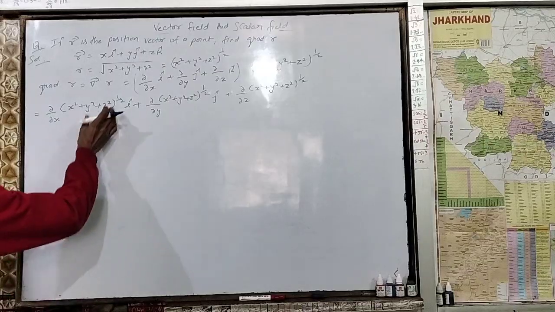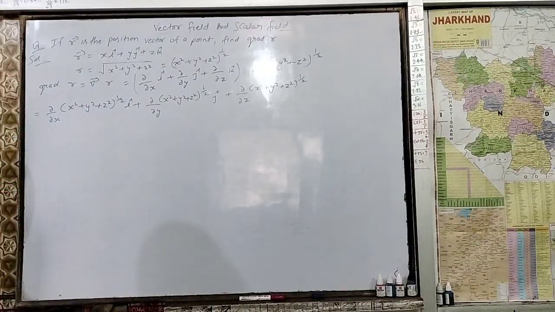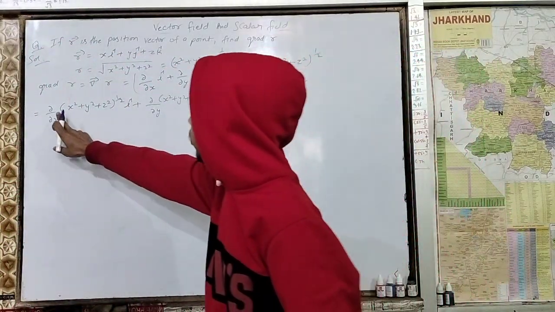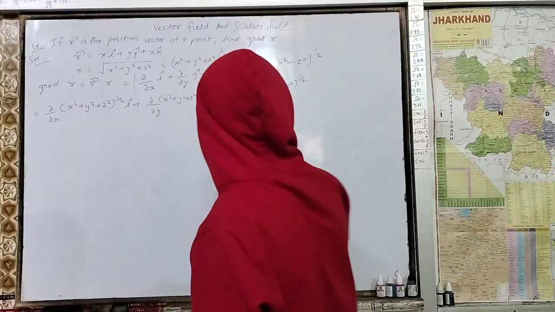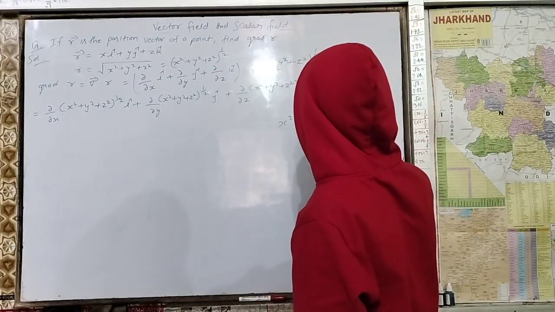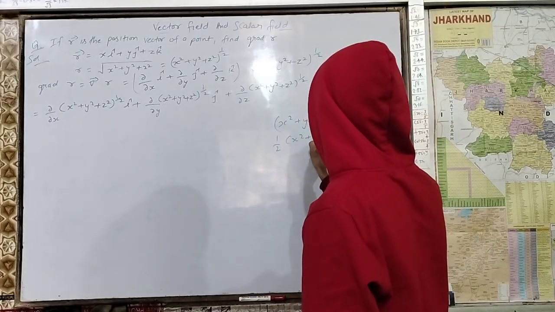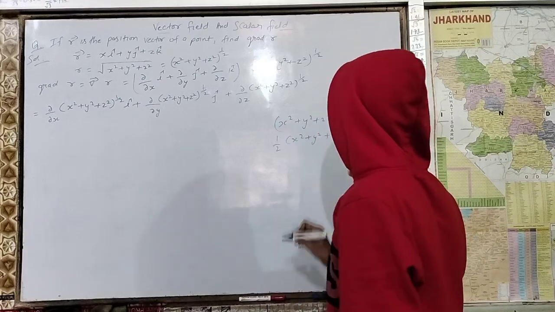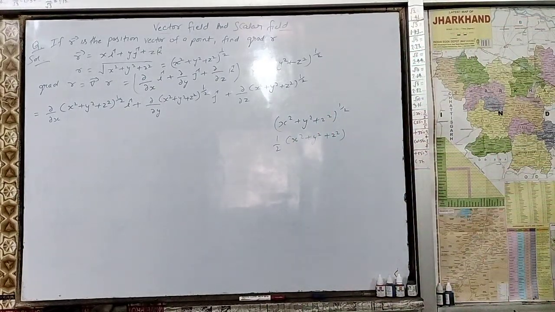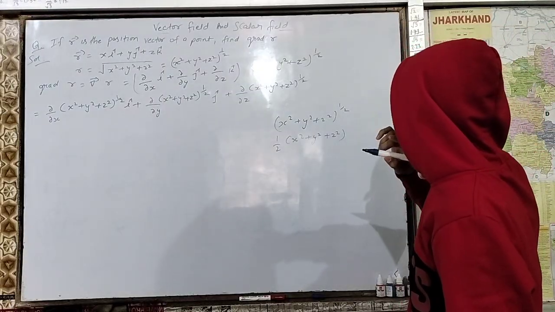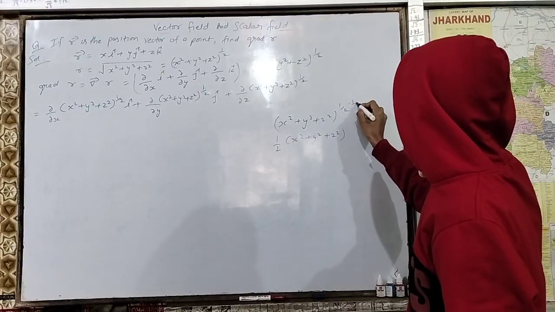So if you see, the differentiation of this will be 1 upon 2, so 1 upon 2 will come over here, and we write x square plus y square plus z square, but here we will have to use minus 1.